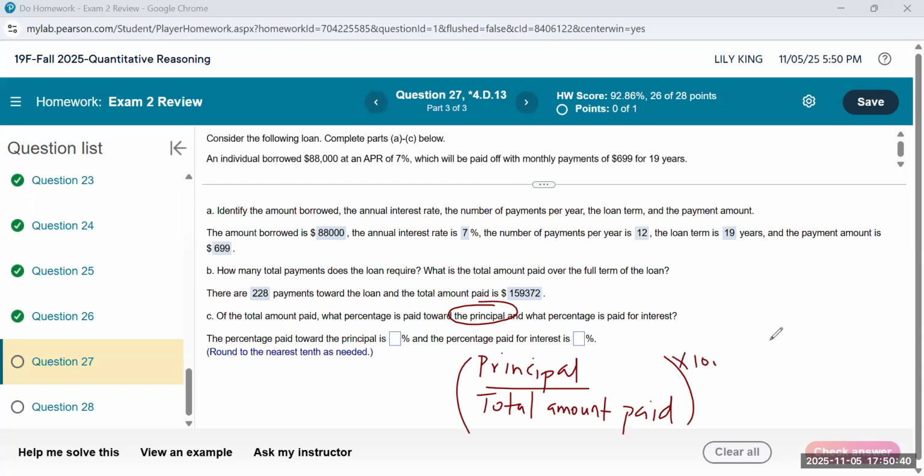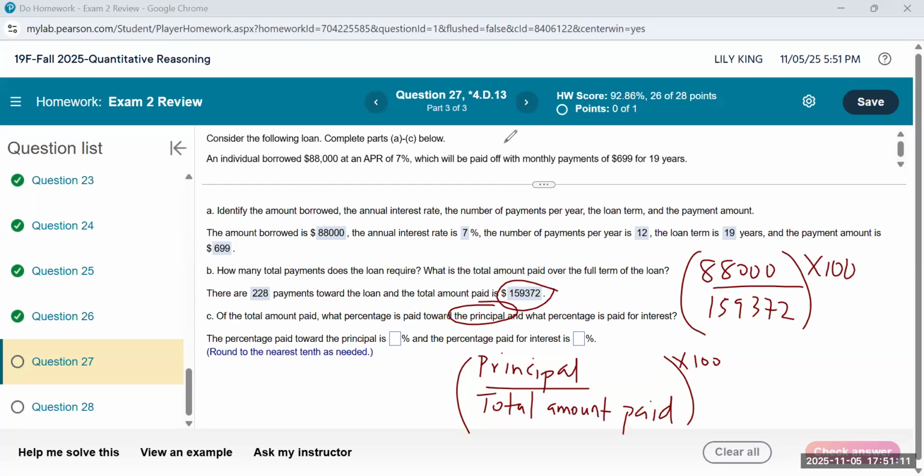The principal here is the loan amount or the borrowed amount. So you take $88,000, divide by the total amount paid, which is what we found on part B, the $159,372, and then you multiply by 100. So this is 55.2, to the nearest tenth.